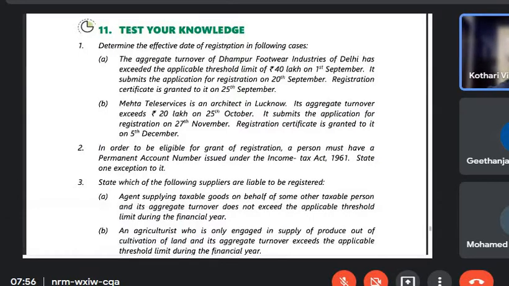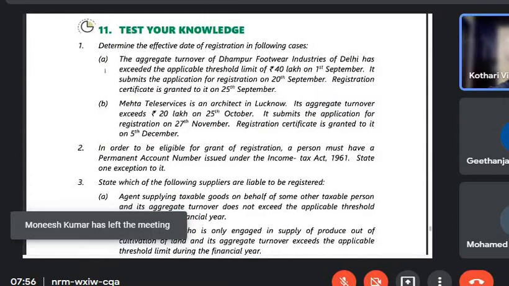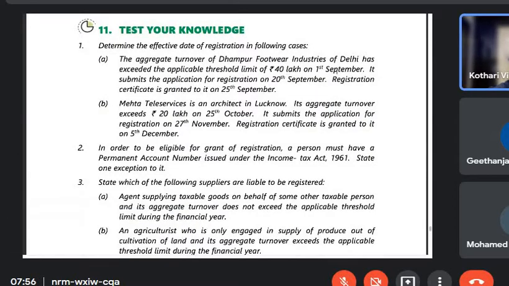The aggregate turnover of Dhampur Footwear Industries of Delhi exceeded the applicable threshold limit of 40 lakhs on 1st September. It submits the application for registration on 20th September. The registration certificate was granted on 25th September.